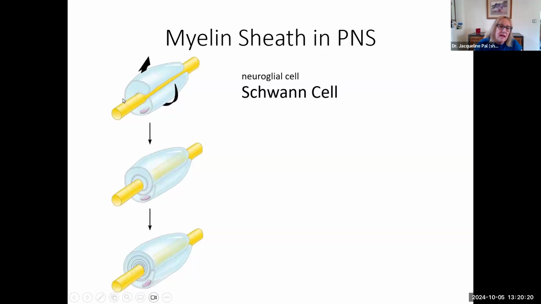And so the Schwann cell forms like a hot dog bun around the axon, and then it just starts wrapping itself around and around and around the axon like a jelly roll. And notice it's pushing the nucleus of that cell all the way to the outside. And so you end up with 10 or 20 rolls of that Schwann cell around that neuron.